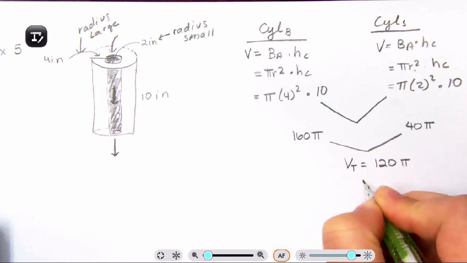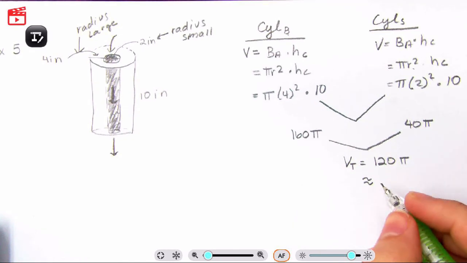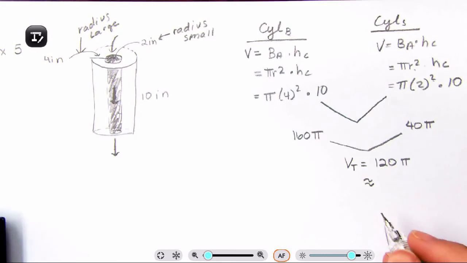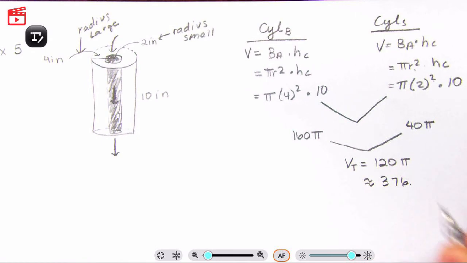Now, if you do insist on rounding, and if the instructions insist on you rounding, 120 pi is actually equal to 376.991.